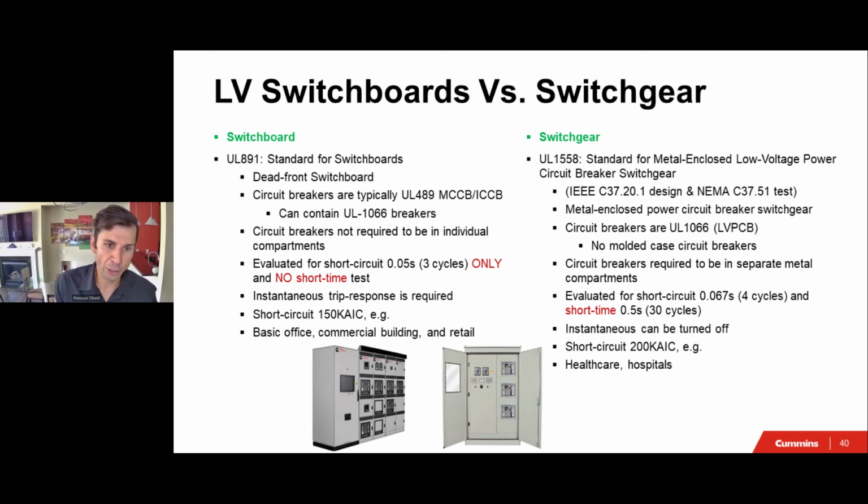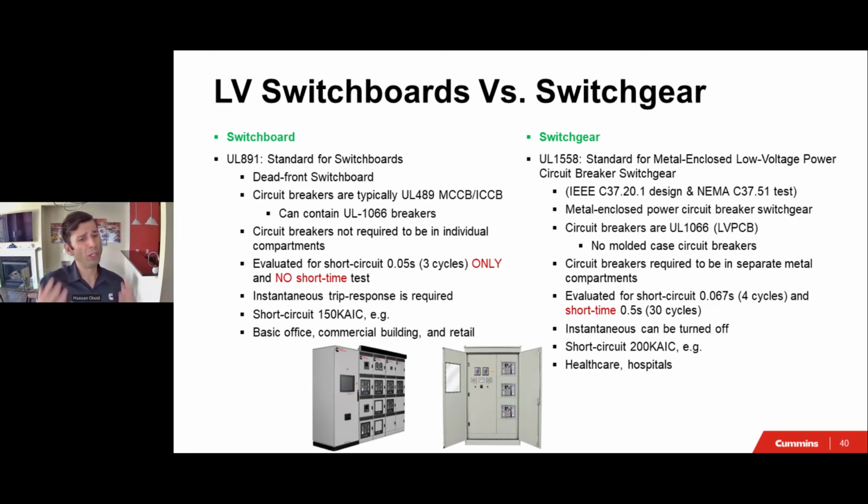The switchgear can be evaluated up to 30 cycles at 60 hertz, or 0.5 seconds. The instantaneous can be turned off so that we allow downstream circuit breakers enough time to trip and isolate a fault and selectively coordinate the system. We see that in bigger projects, healthcare, and hospitals.